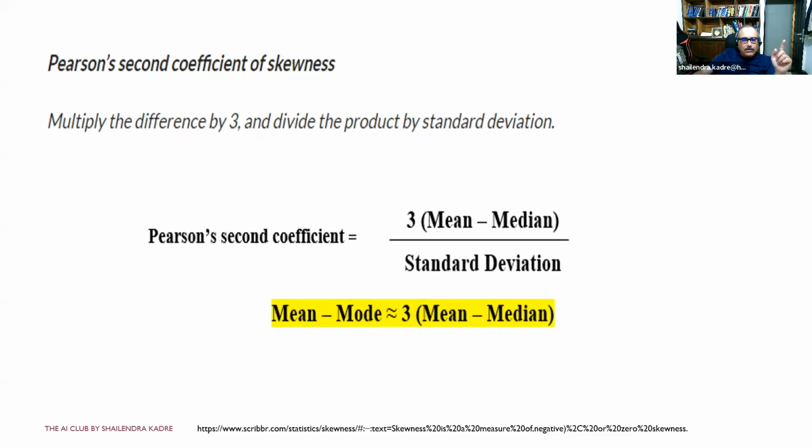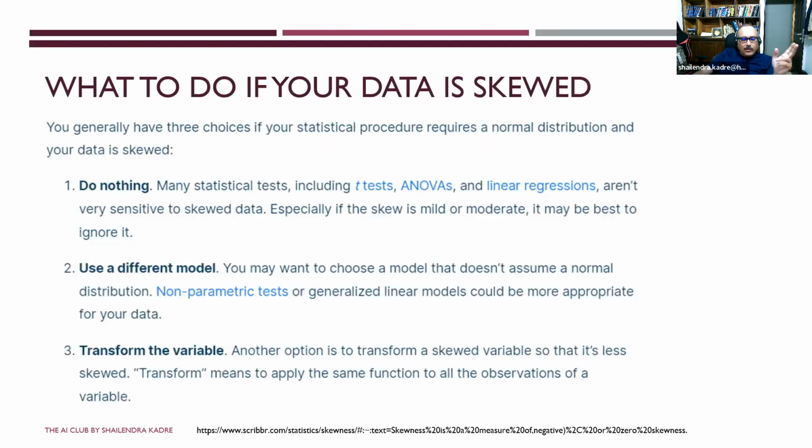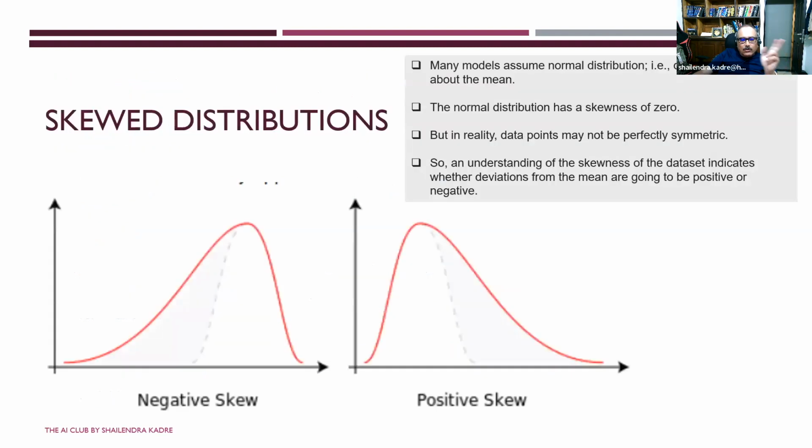We also know a little bit of how to interpret the coefficient. One more thing we have learned just now, at least conceptually: I have not told you what transformation to apply to get a Gaussian distribution, but at least you know that there are mathematical transformations available which can convert skewed data to normally distributed data or a Gaussian curve.